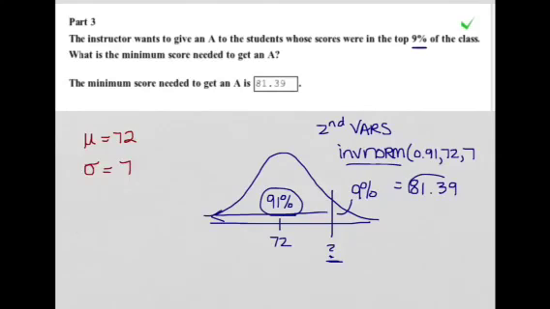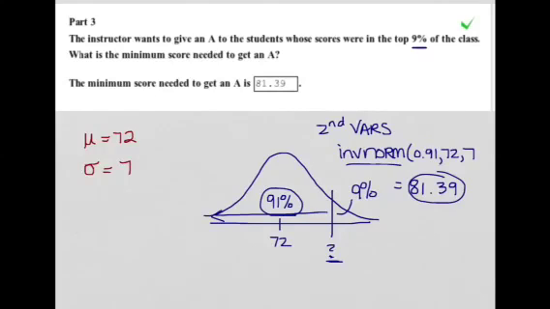So that's my boundary value. So everyone with an 81.39 and up would get an A for that class, which is kind of surprising. That's more like a B, but okay.